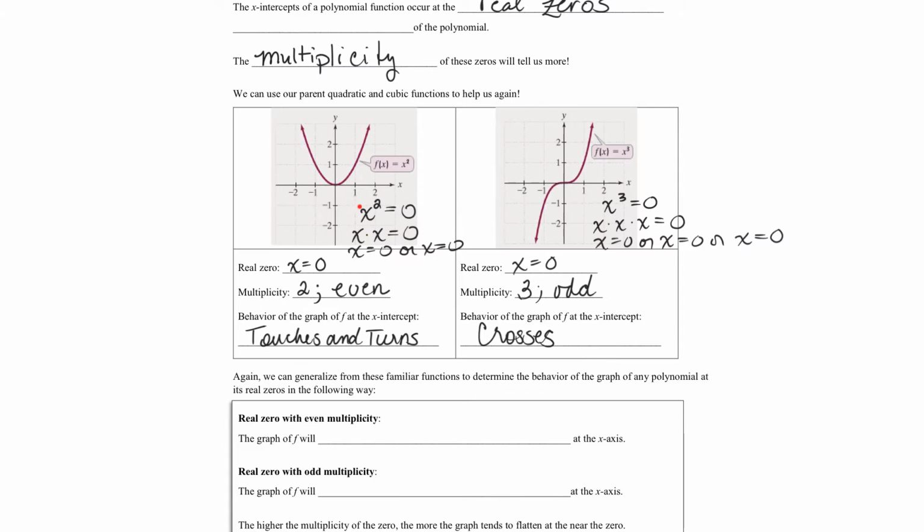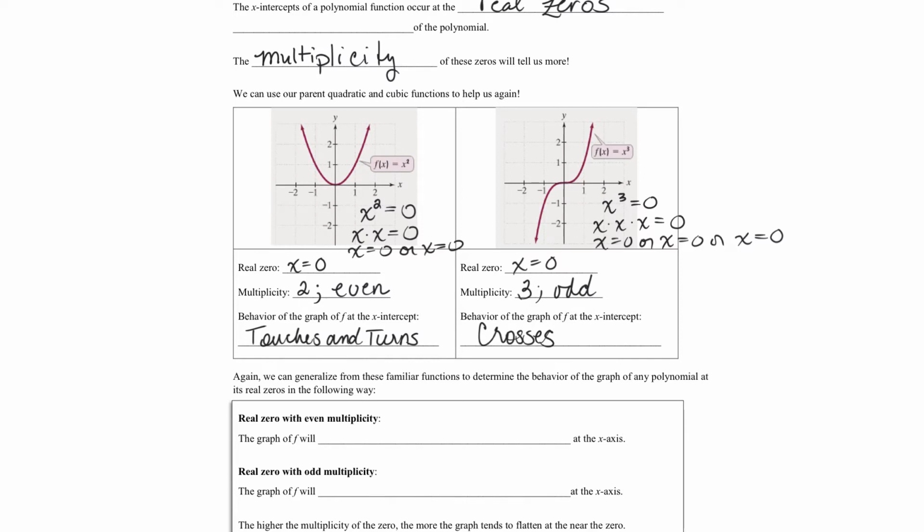Now, if I had the opposite of x squared, it would also be touching and turning, right? Because it's going to stay below the x-axis. And if I reflected this and had the opposite of x cubed, it's still going to go across the x-axis there.